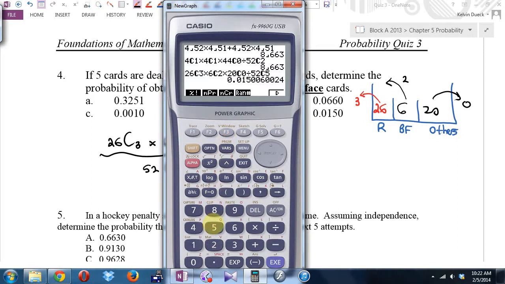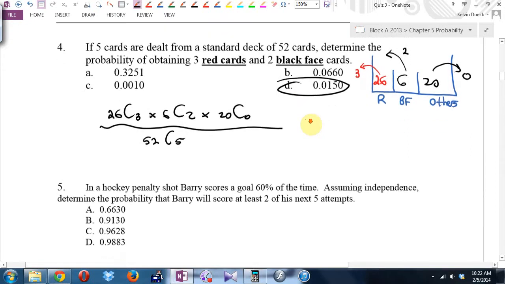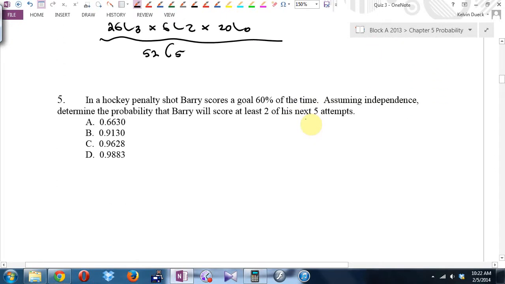I didn't ask for a fraction this time. I get D.